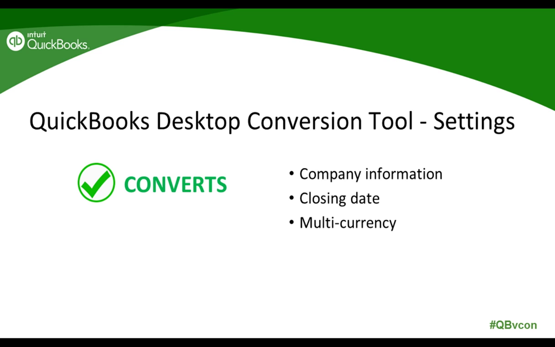Now let's look at what converts related to settings. Settings, again, are sort of the global preferences of the database. In QuickBooks Desktop, you know this as Edit Preferences. In QuickBooks Online, a lot of these settings are found on the gear icon and go to Account and Settings.